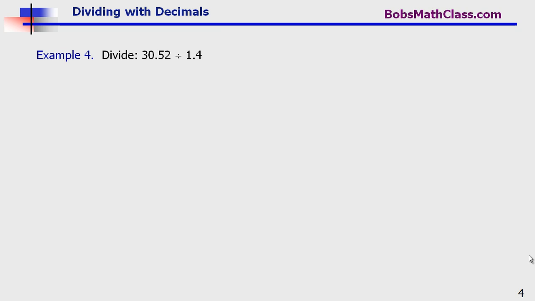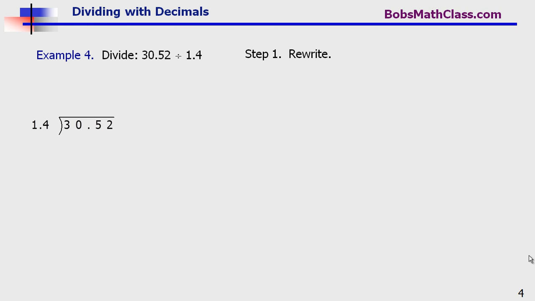30.52 divided by 1.4. Again, you might want to pause and work on this, and then click back on play when you're ready to see the worked out example. Okay, rewrite it. Second number first.